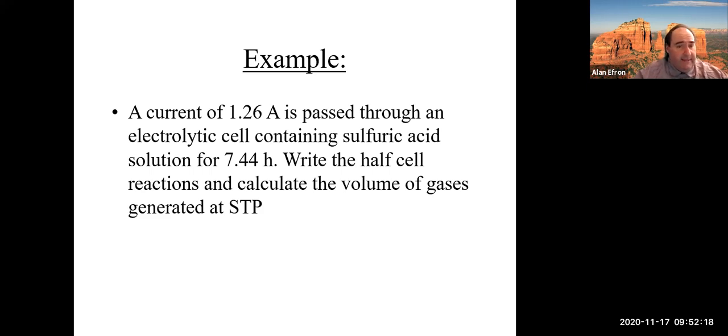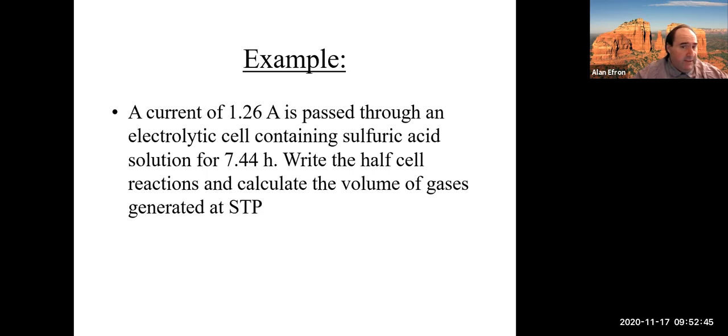We also talked about the idea that sometimes these electrolysis processes generate gases, and you may need to use the ideal gas law to solve for something like volume. That's another common value you're asked to solve for, and you would have some gas information given to you to go into the ideal gas law.